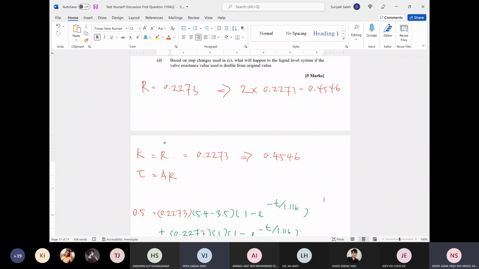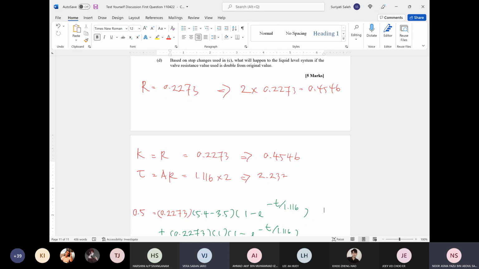And then the tau equal to AR. AR originally 1.116. And since the R has been multiplied, we multiply it, 1.116 multiplied by 2, you get 2.232.